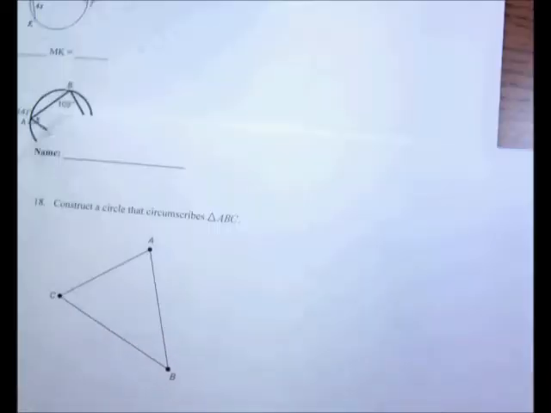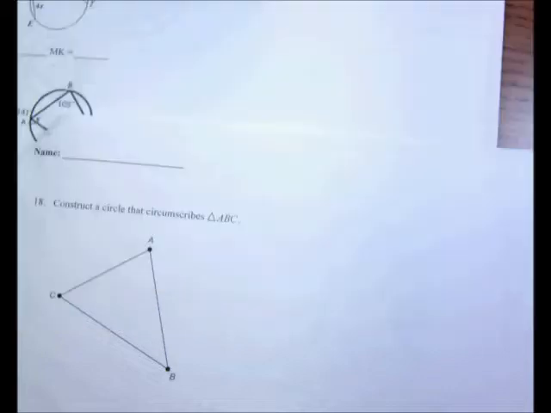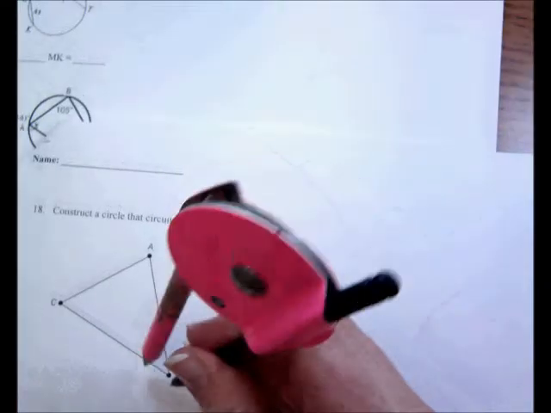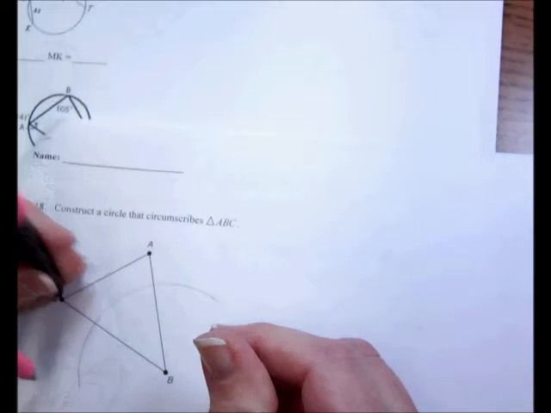Number 16, it says construct a circle that circumscribes. I had to step away and grab a compass. Circumscribed means I need the perpendicular bisectors. So the first thing I do is draw my perpendicular bisector.